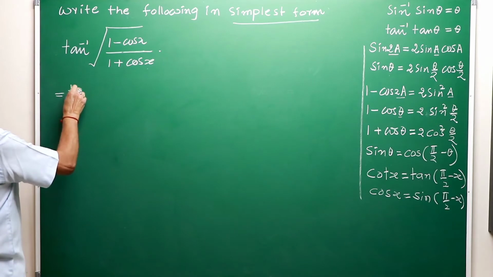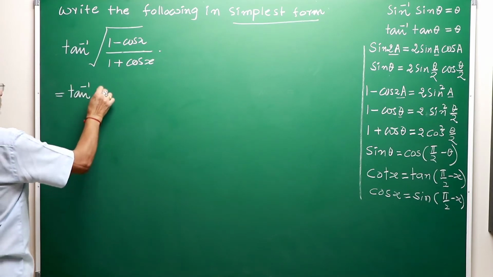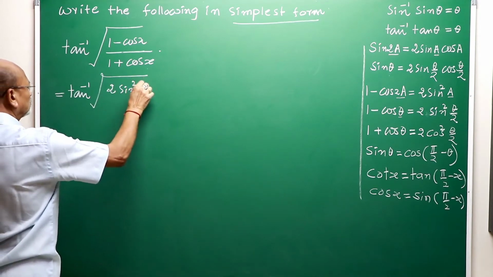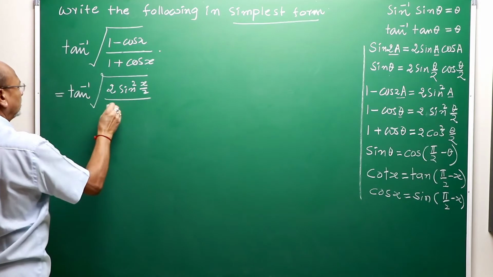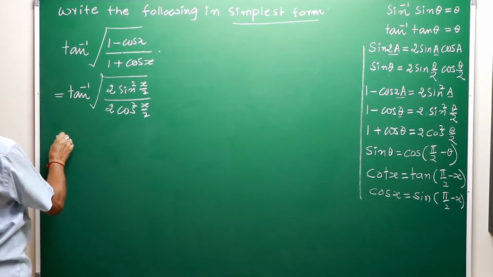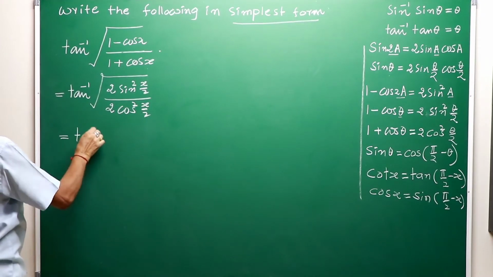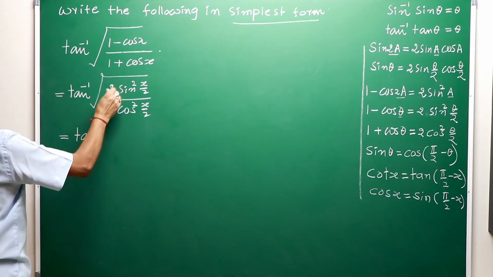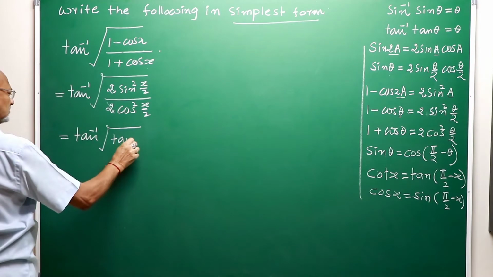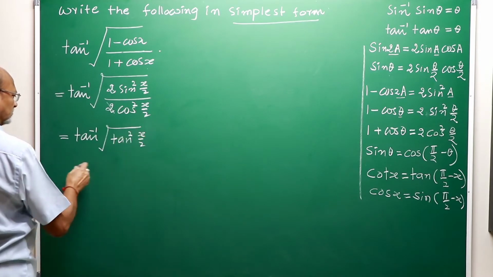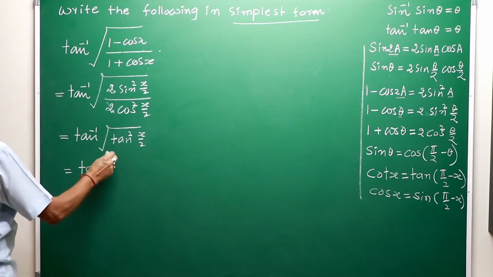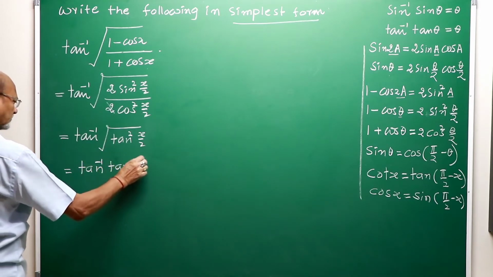It is tan inverse of square root of 2 sine square x by 2 over 2 cos square x by 2. The 2 cancels. It is the square root of sine square upon cos square, which is tan square x by 2. So it is tan inverse of square root of tan square x by 2, that is tan inverse of tan x by 2.